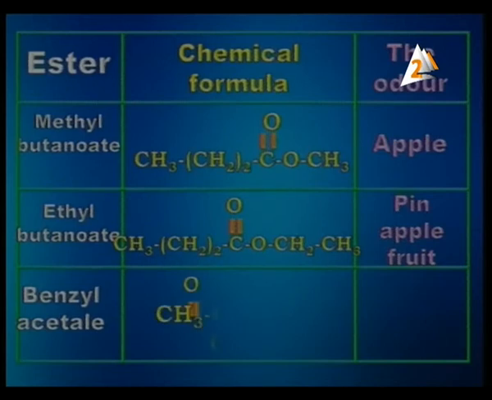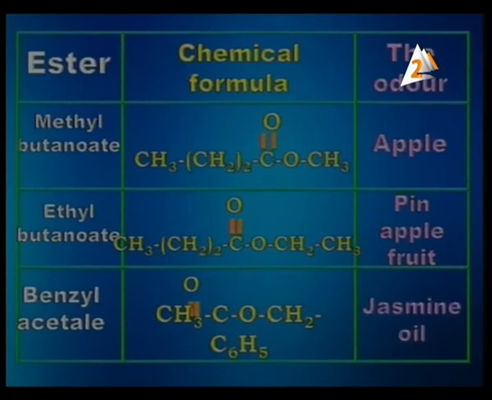Benzyl acetate means a benzyl ring: CH3, COO, CH2 with the benzene ring. This gives a jasmine oil smell. It's a good smell, very important. So the esters give different smells.